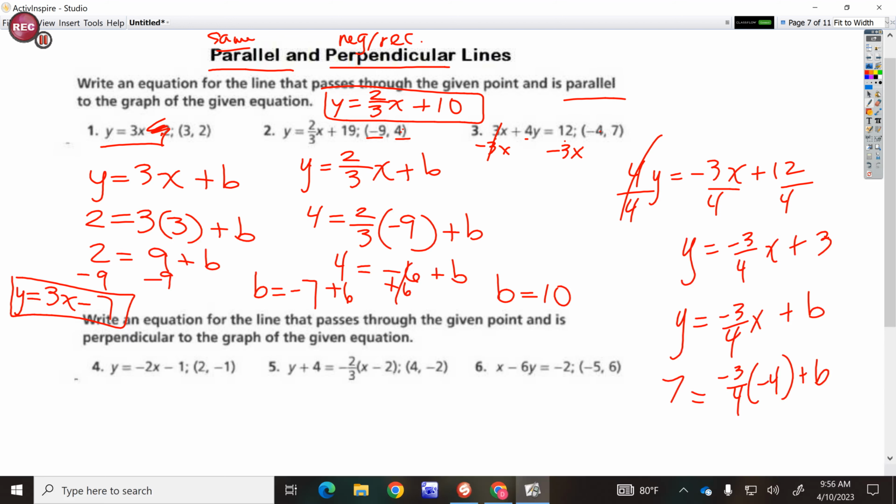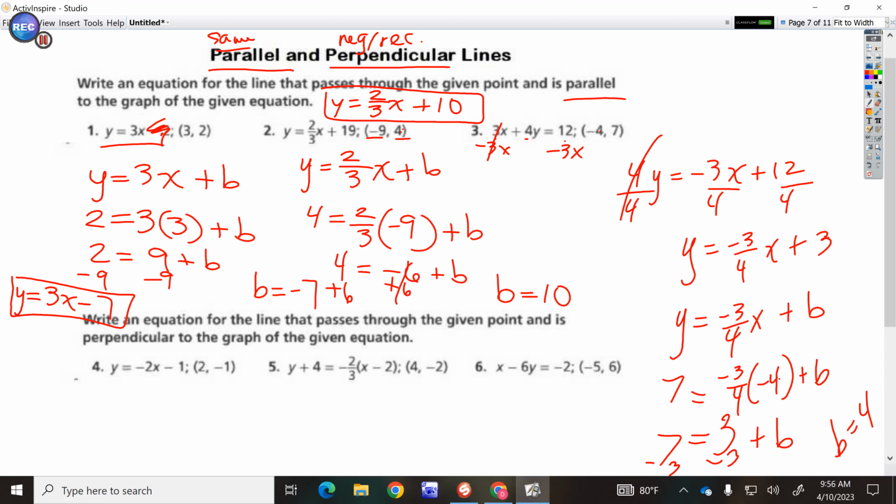So far, so good? Now, -4 times -3 is positive 12. Divided by 4 equals 3. So this is 7 equals 3 plus b. Last step to get b by itself would be subtracting what? 3. So you subtract 3 from both sides, and that gives you b equals 4.